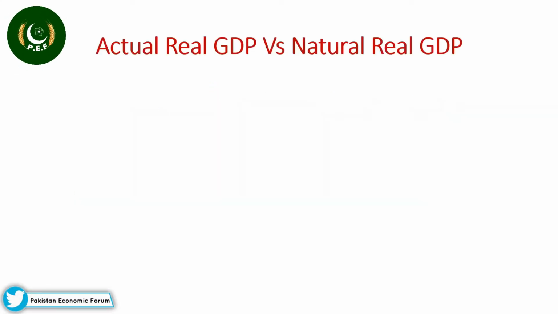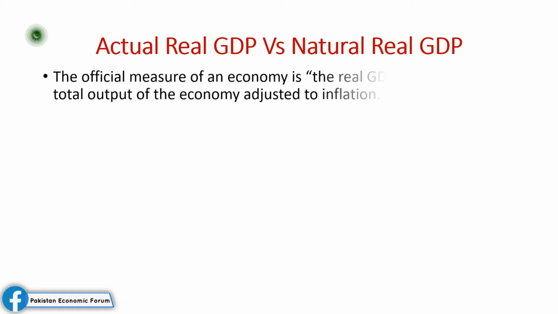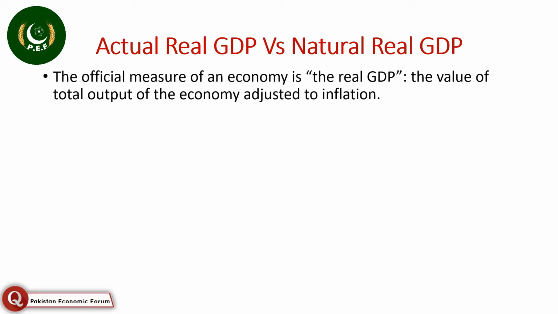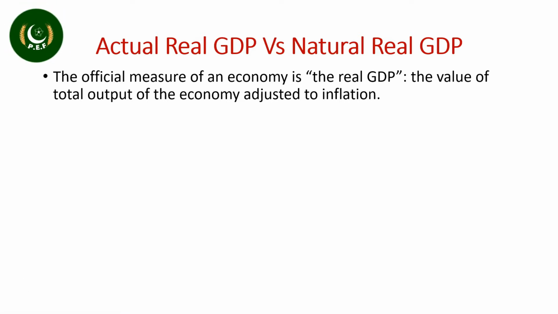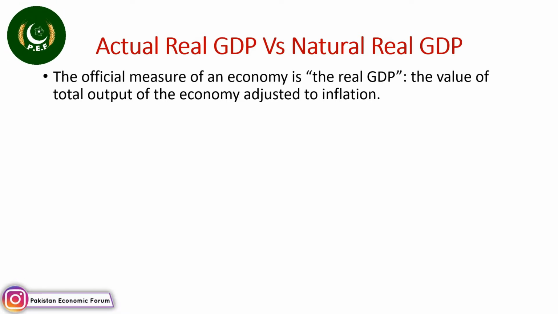Listeners, in the last lecture, we talked about real GDP and nominal GDP. We discussed that real GDP is one of the most important measures of the conditions of an economy. Broadly, we can say that if real GDP is increasing over time, the economy is moving in the right direction.